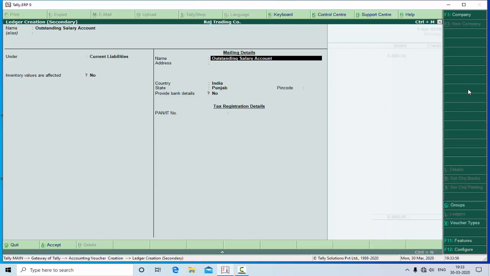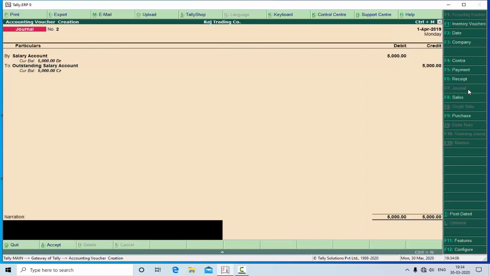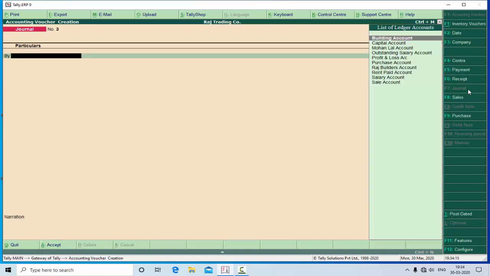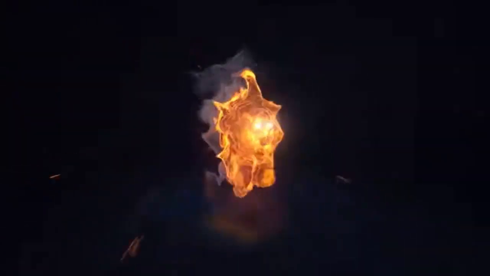I think you understand. You can enter the name or details of the person to whom we have to make this payment, and enter the narration: salary due to employees. So I think you understand how to record this outstanding entry.